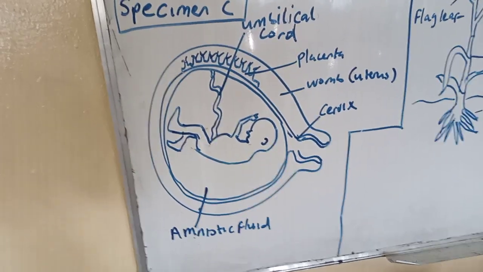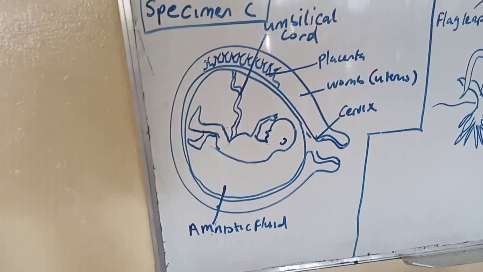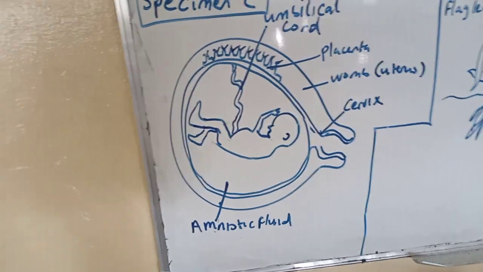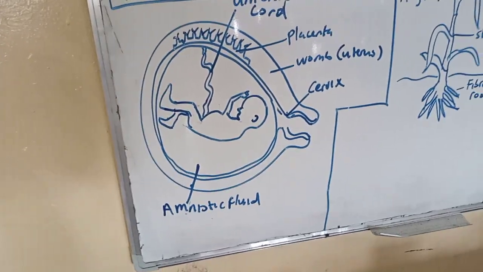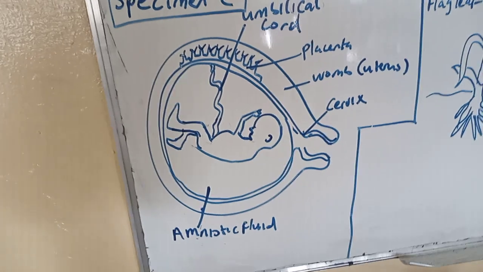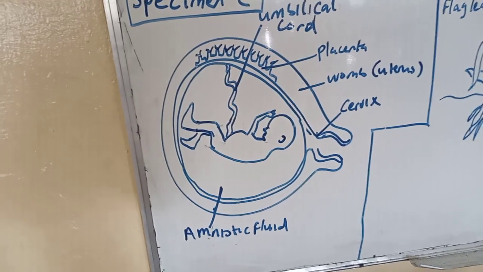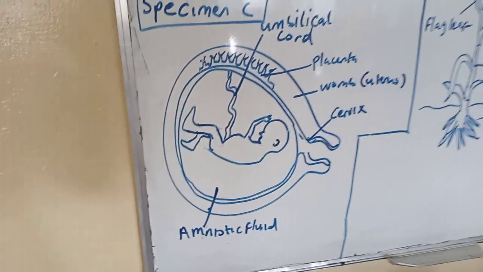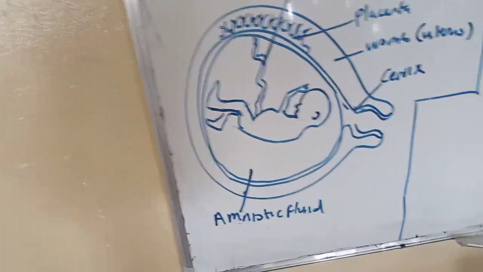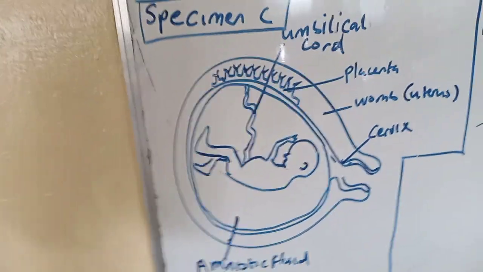The placenta joins the embryo to the uterine wall. It supplies oxygen and food for the baby from the mother, and even aids in excretion. It also produces the hormones progesterone and estrogen.